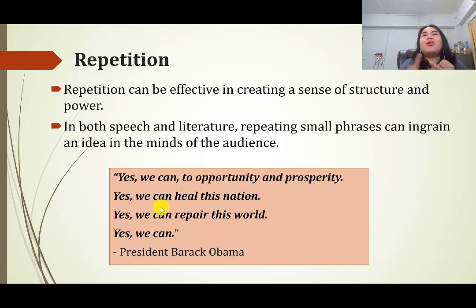In just the words we can, there are lots of things happening with the repetition, and it ingrains certain ideas and certain images in the audience's head. You can use that too in your presentation.